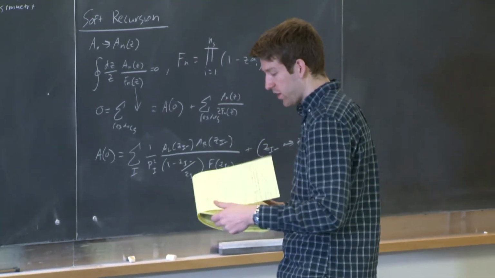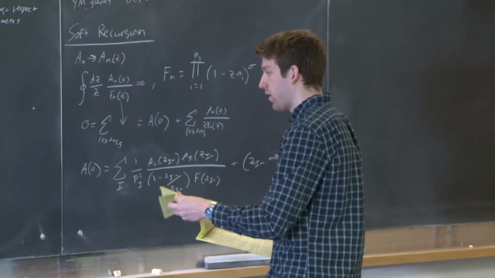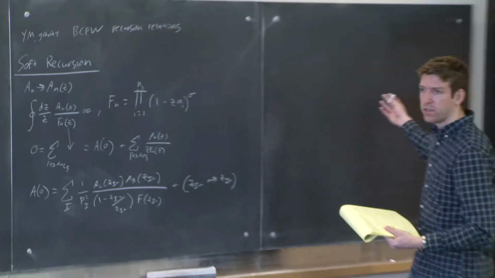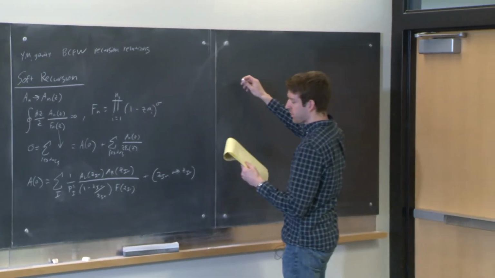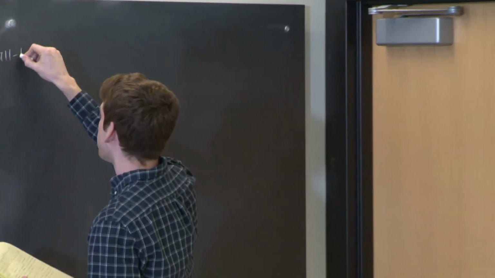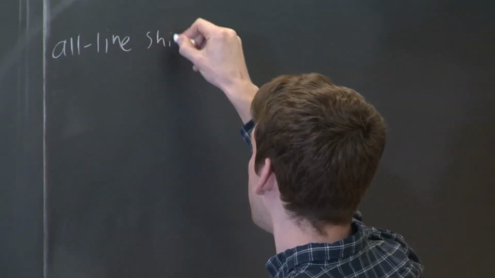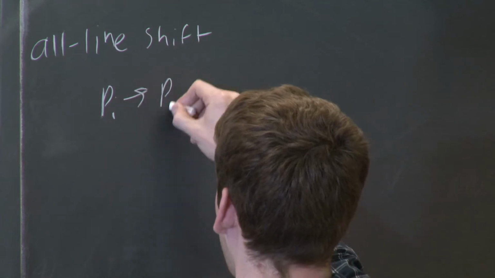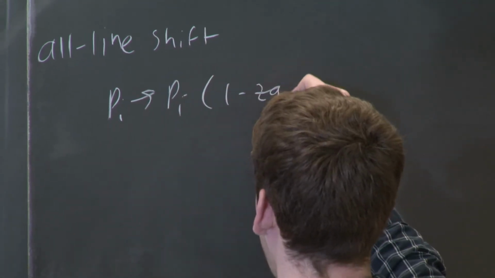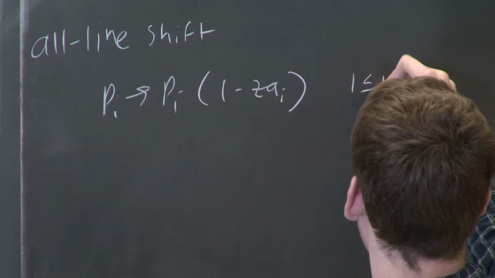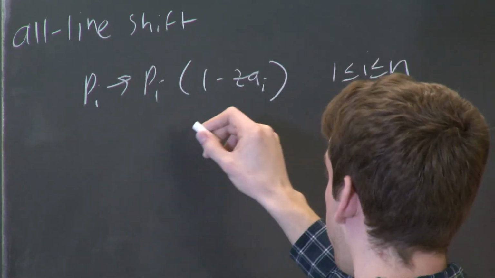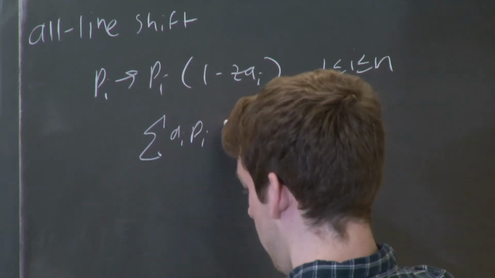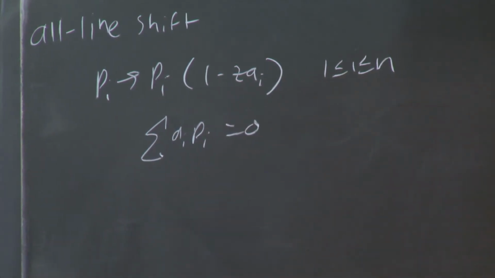I'm going to very quickly discuss what one of these shifts might be. So there's something called the all-line shift. And what you do there is you send pi to pi 1 minus z ai. And then for momentum conservation reasons, you need that.